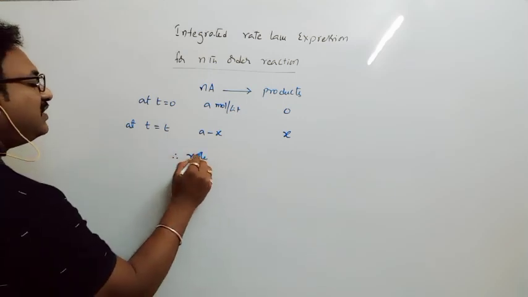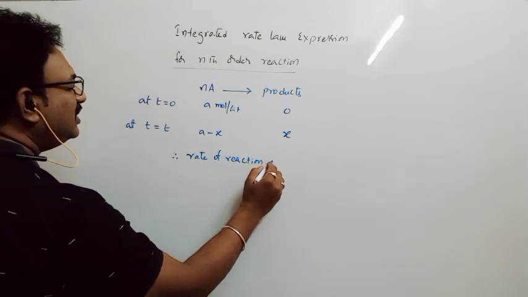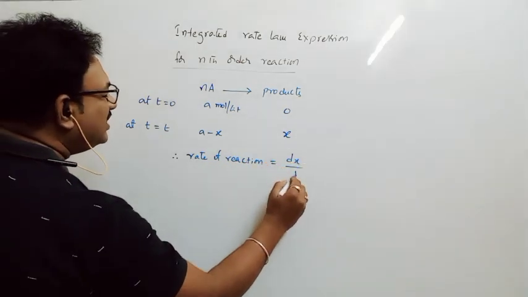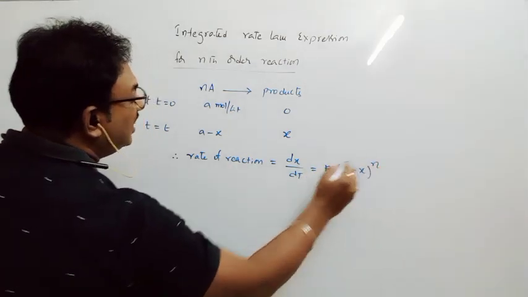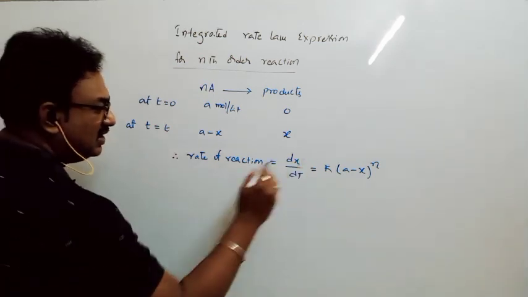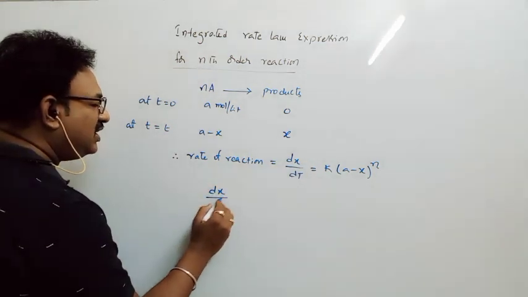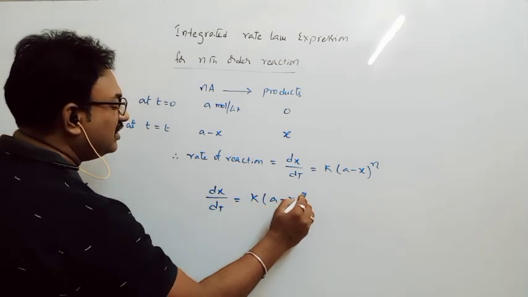Therefore, the rate of reaction is written as dx by dt equals k into (a minus x) power n. So, dx by dt is equal to k into (a minus x) power n.